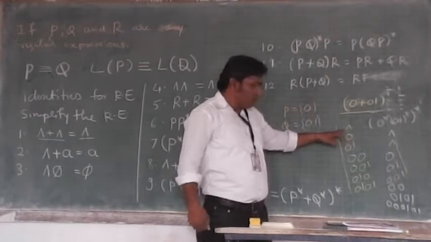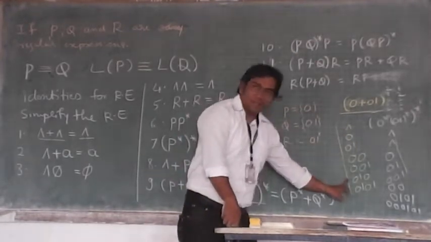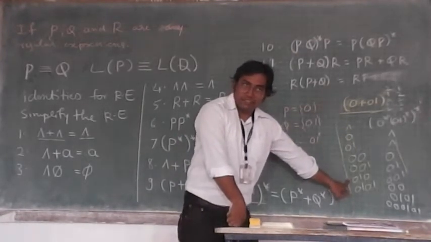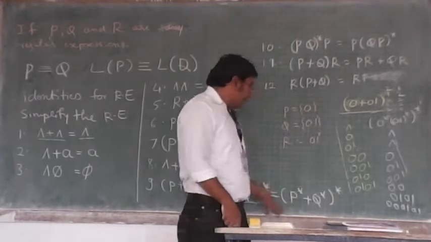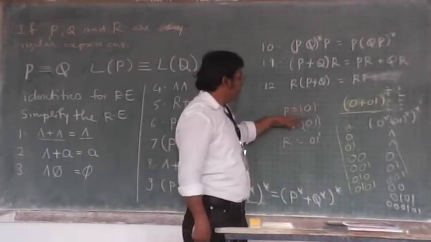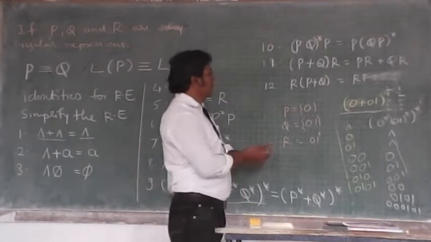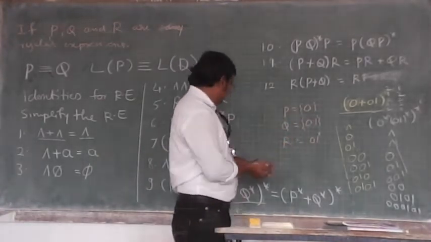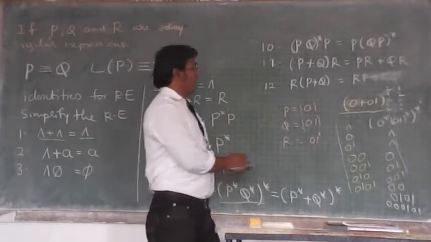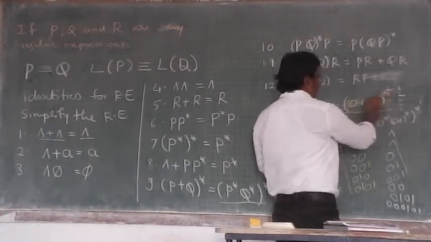So what do you see that? एक हम लोग what we will do? This is the actual set of string which has been generated by this particular regular expression. Which one? किधर गया वो? P plus Q star. This was the regular expression.